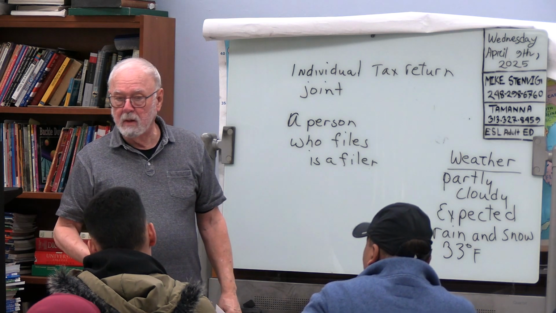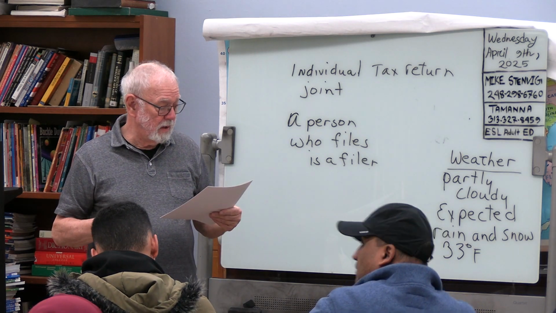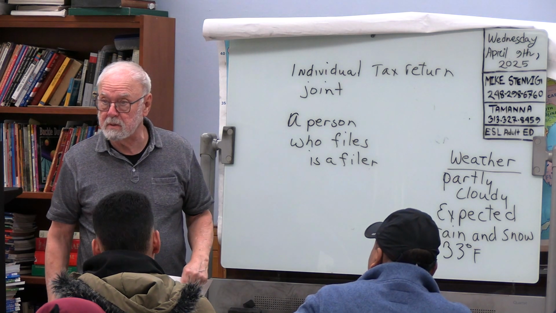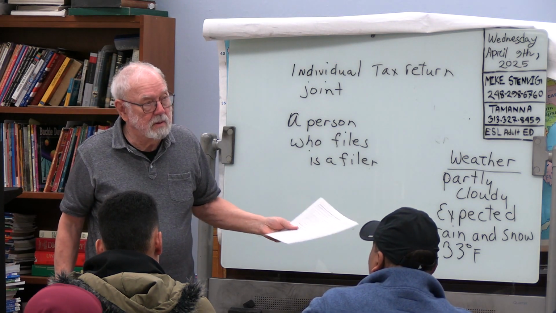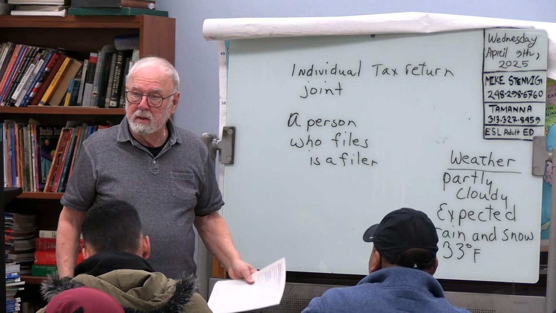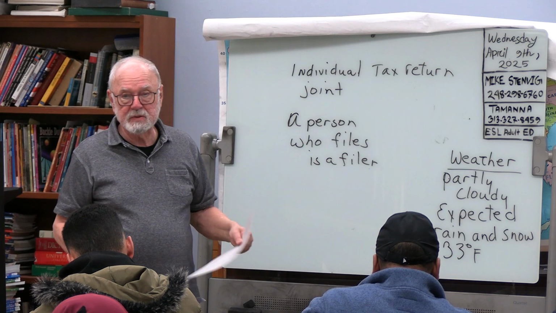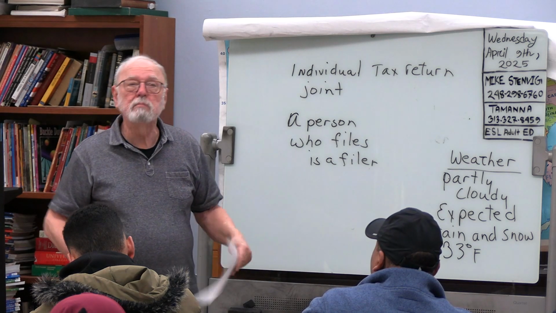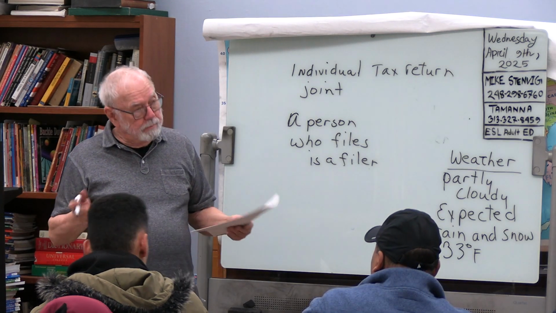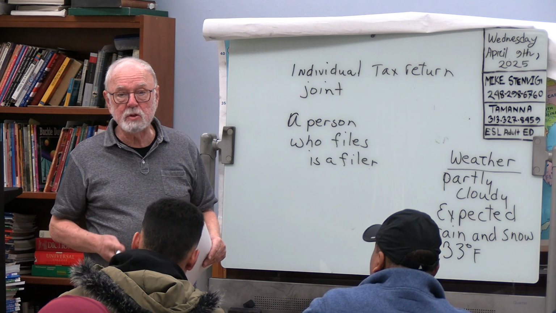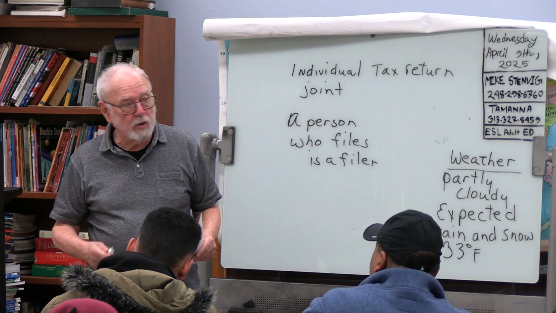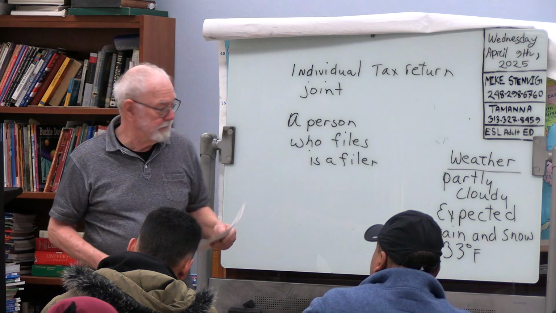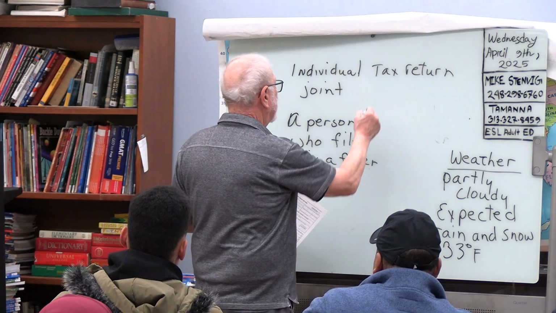And the next word over here, spouse. What is a spouse? Wife or husband. So if someone says, are you married? Yes or no? Then we understand that. But if someone says, do you have a spouse? It's the person you are married to. Spouse.